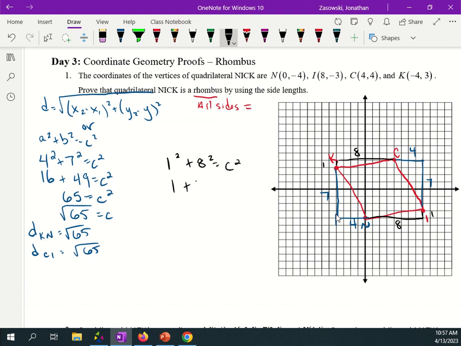And we do get 1 plus 64, and that is 65. I said 64 and wrote 65. Okay? And so we do end up with the square root of 65. And so now we can fill in the CK, the distance of CK is square root of 65.